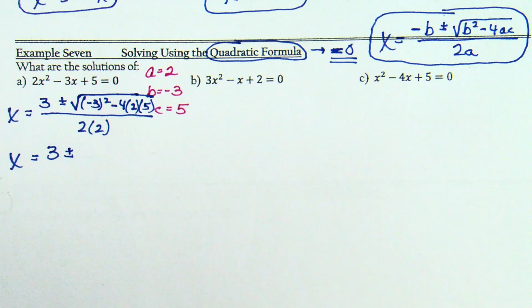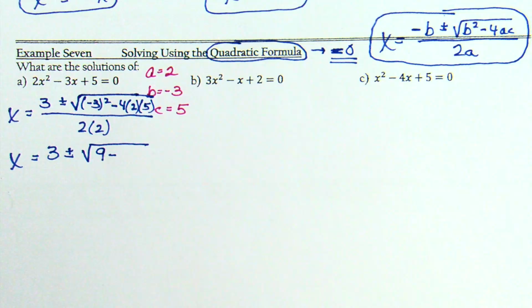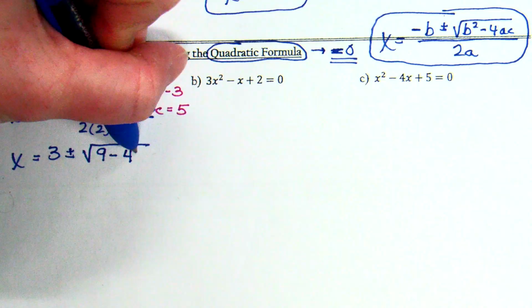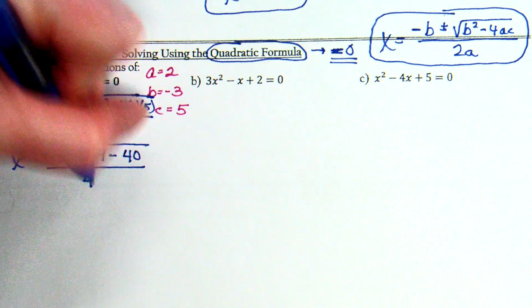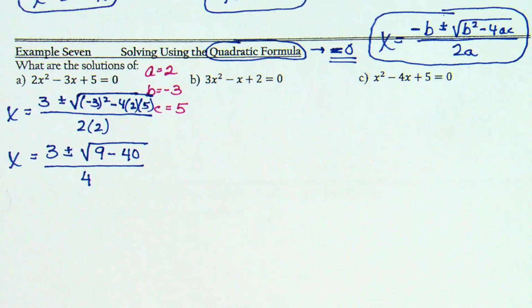And I'm just putting this here so we have it in the work. Some of you, I get, would probably have gone ahead and put those pieces together, right? So if you haven't already, 3 plus or minus the square root of, what's 9 minus 40? Negative 31. All over 4.